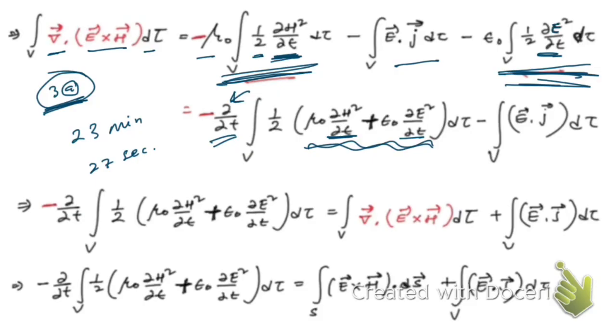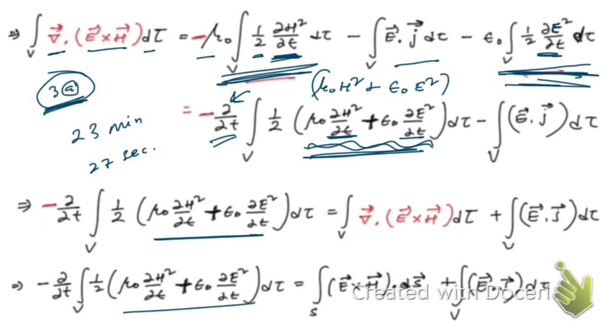That should not be written actually. It's supposed to be mu naught H square plus epsilon naught E square. So you have to change it within the bracket also.